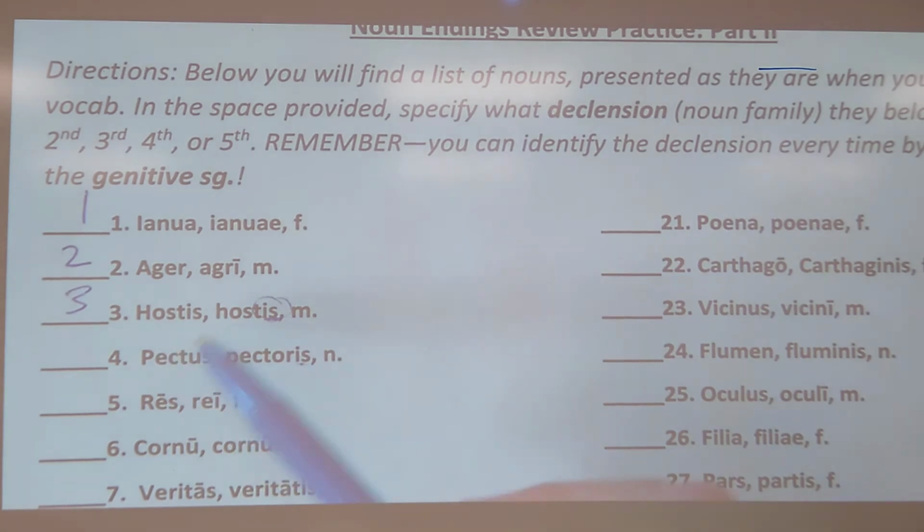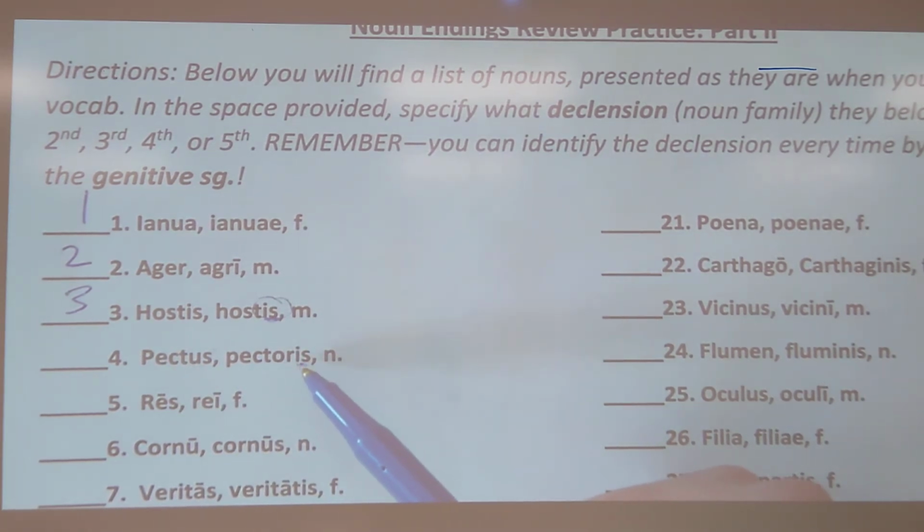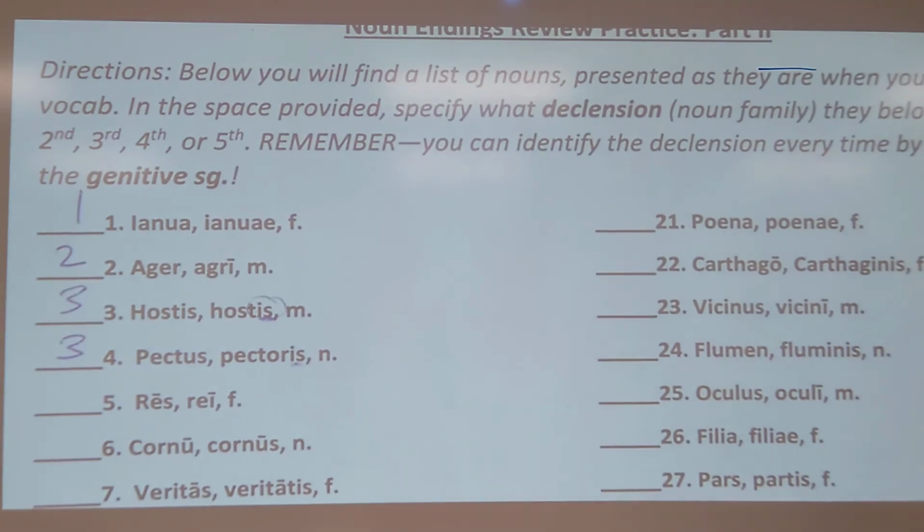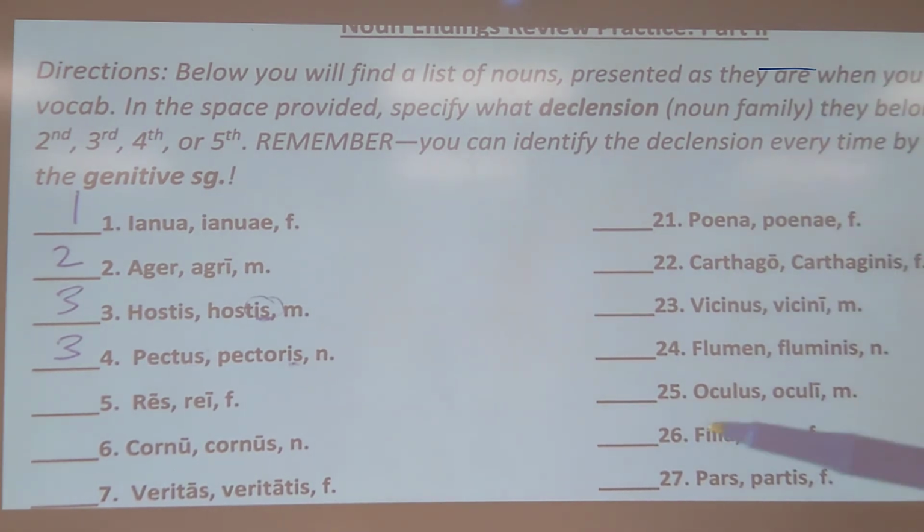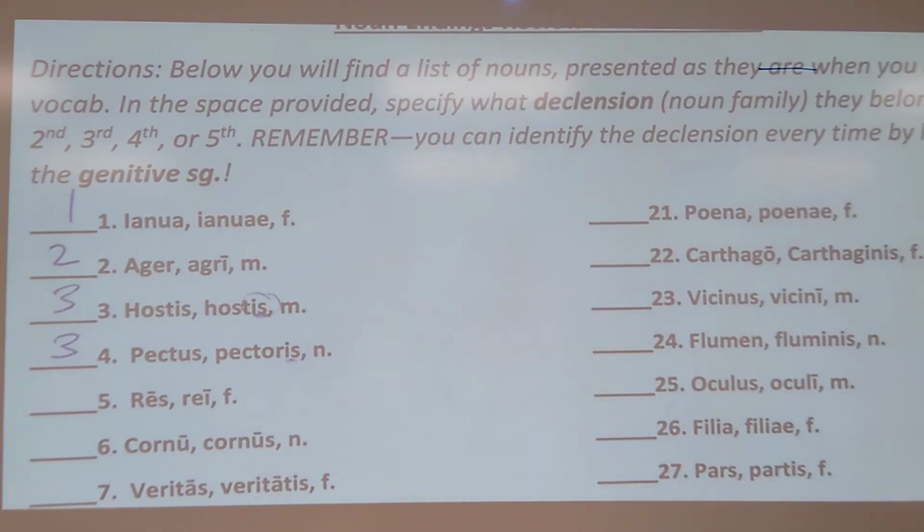Okay, so we ignore the nominative singular, look at the genitive singular. If it ends in short is, well, it's the same as this one: short is, third declension. Okay? And we'll look at one more here, and then we'll do what we did just a second ago and share all the answers with you, so you can just pause and double check your work.